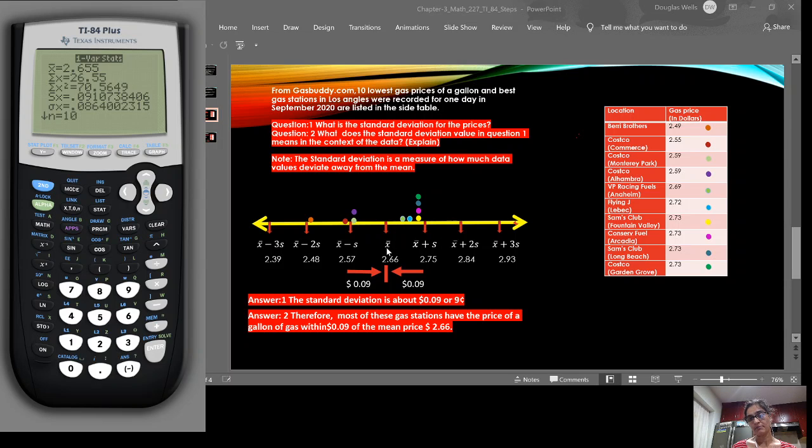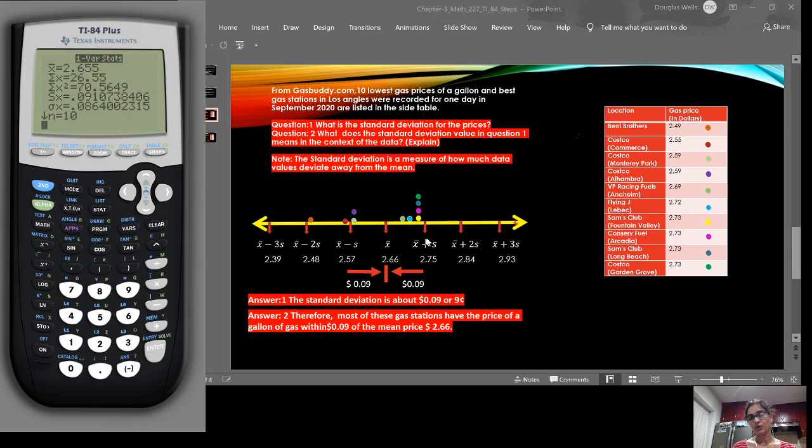So I took the mean and added 1 times the standard deviation to get this value. To get the next value, I took the mean and added 2 times the standard deviation, and that yields the value 2.84. The last value is 2.93, the mean plus 3 times the standard deviation.